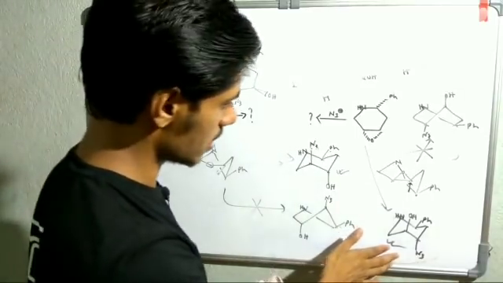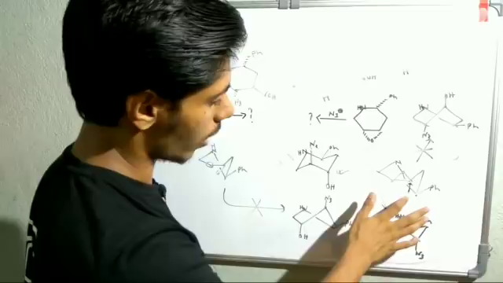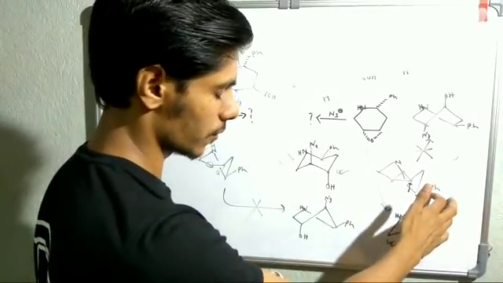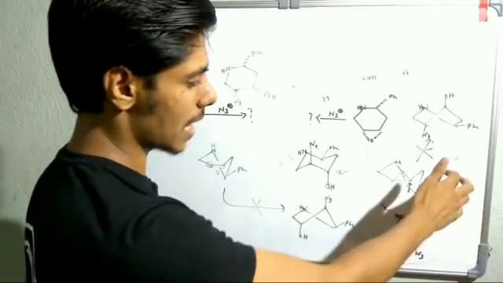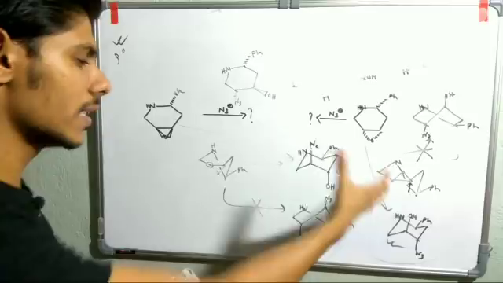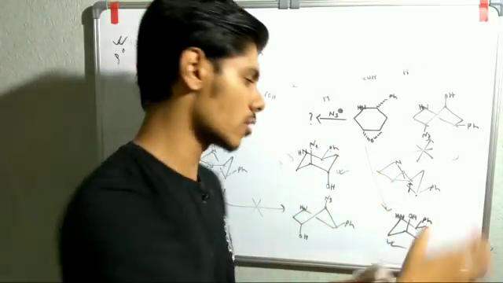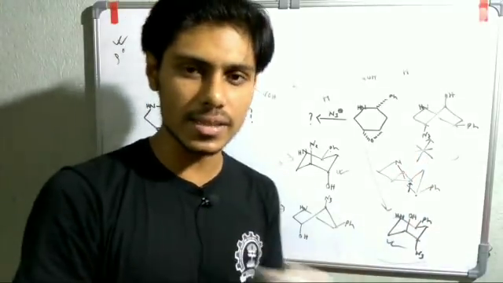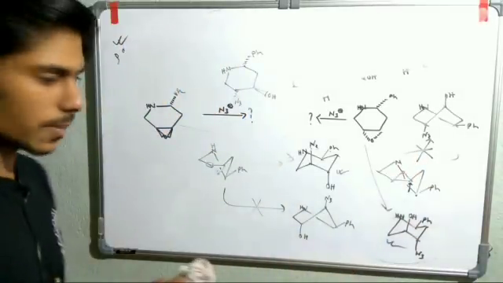So in this case you can see the attack is occurring from the other side of the phenyl group. You can see that the phenyl group is above the plane, but the attack is occurring from below the plane. So one can ascribe it to the steric hindrance of this phenyl group, that's why it is attacking from below the plane. But that doesn't matter. Steric hindrance doesn't matter.